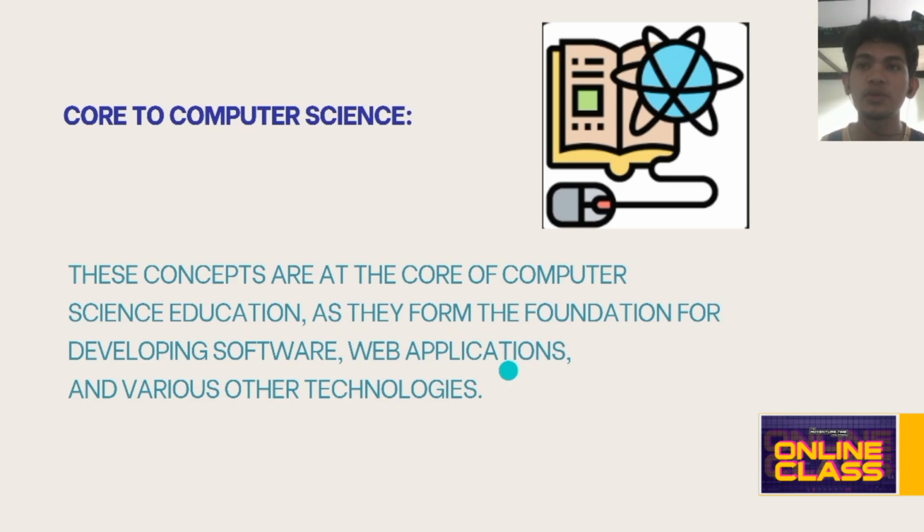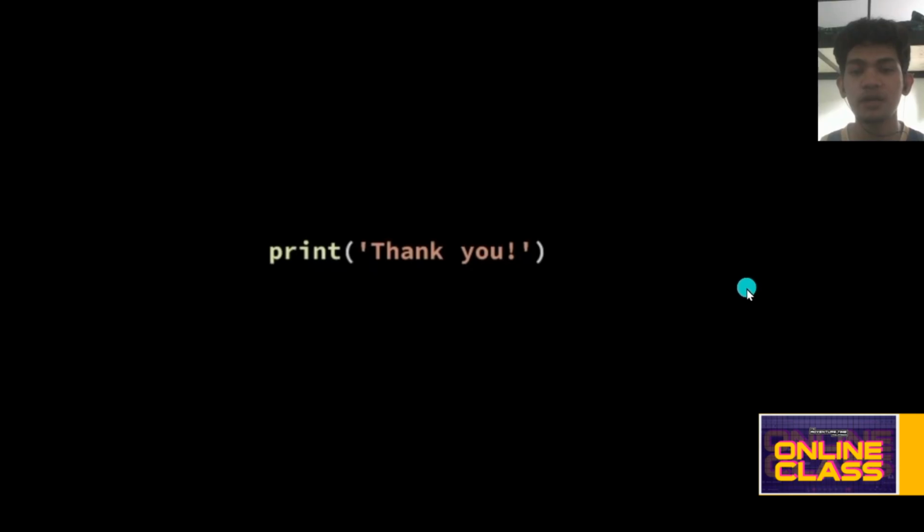They equip students with the skills to efficiently organize and manipulate data, enabling the creation of robust and optimized algorithms crucial for various applications in technology and software engineering. I think that's all for my topic.